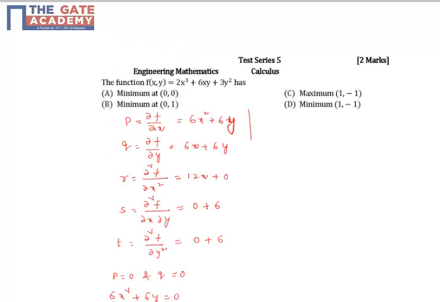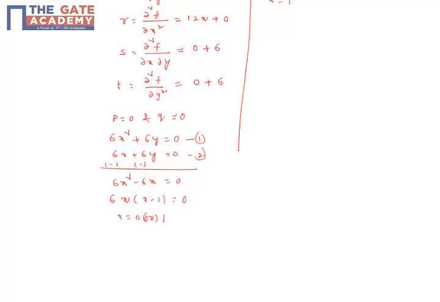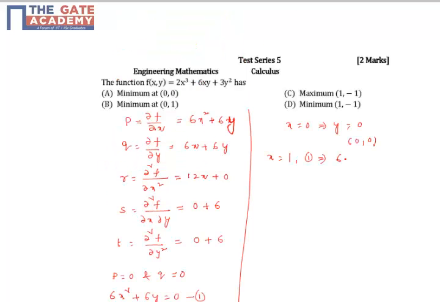So if x equal to 0, what about the y value? The y value is 0. So that means the stationary point is 0, 0. And if I substitute x equal to 1 in the equation 1, this implies 6 plus 6y equal to 0, which implies y equal to minus 1.